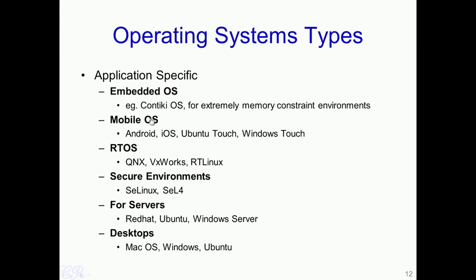A second class of operating systems which many of you may be familiar with is the mobile operating system or mobile OS. Examples of these are Android, iOS, Ubuntu Touch and Windows Touch. Like the embedded OS, these operating systems are designed to ensure that the power consumed by the device is kept minimum. For example, they are designed so that the battery charge of your mobile phone is extended for the maximum amount of time.